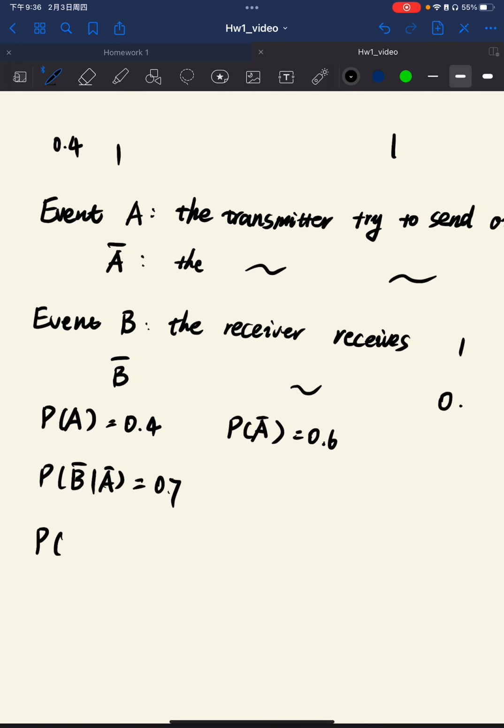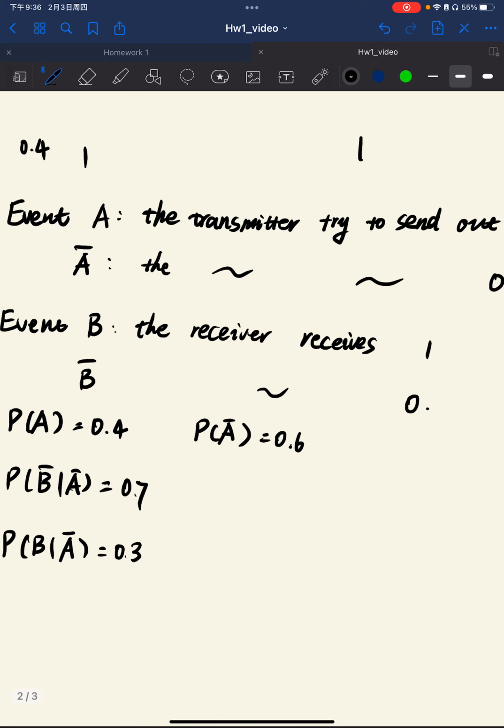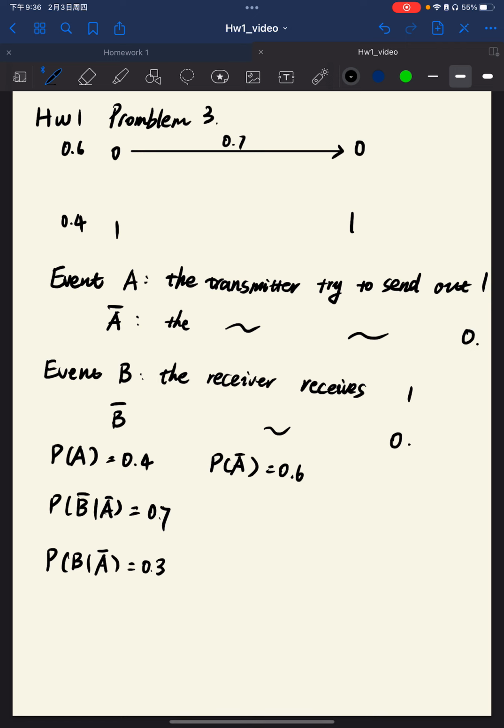That means when event A bar happened, B happened, with probability 0.3.